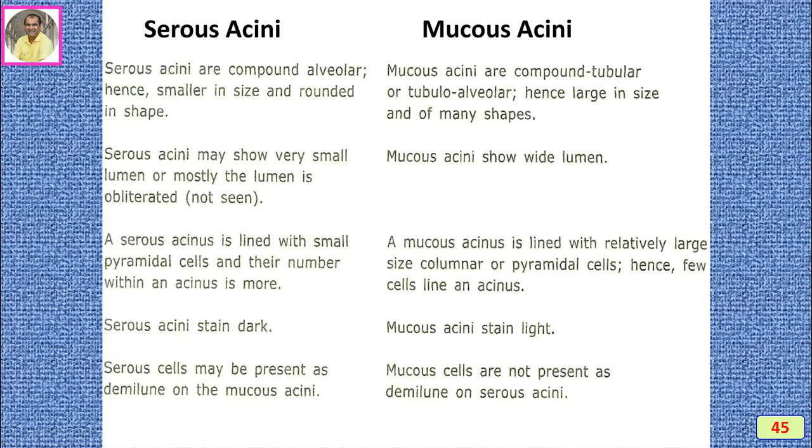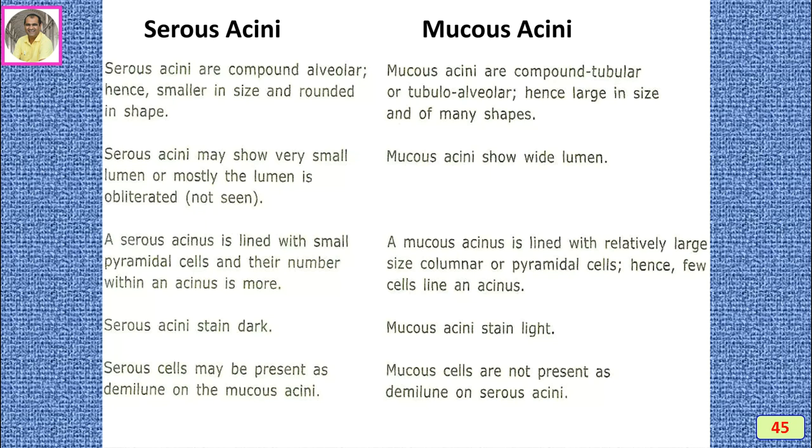Then serous acini and mucus acini have many differences, starting from compound alveolar to compound tubular cells, whereas serous acini show a very small lumen, or mostly the lumen is obliterated, and the mucous acini of the mucous gland show a very wide lumen. These serous cells may be present as demilunes in the mucous acini, whereas the mucous acini cells are not present as demilunes.